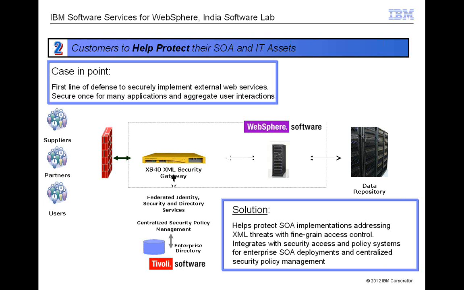So the moment you switch on security, the moment you put it on a secure line, implement SSL or implement any authentication that you might need at the back end, your performance will go down. Right? This is exactly where DataPower steps in and works as an XML security gateway.